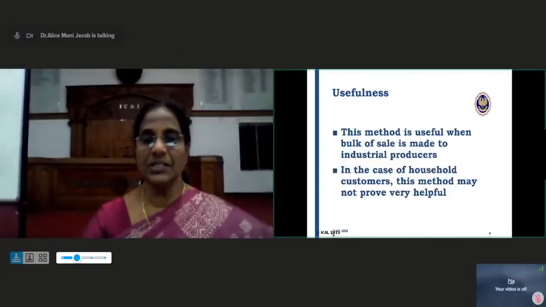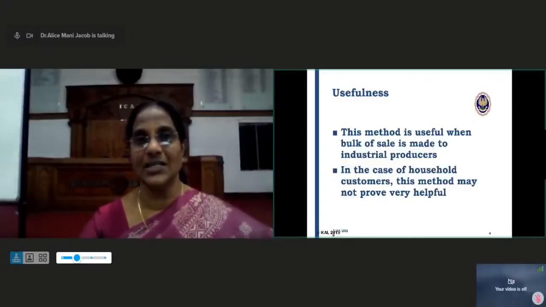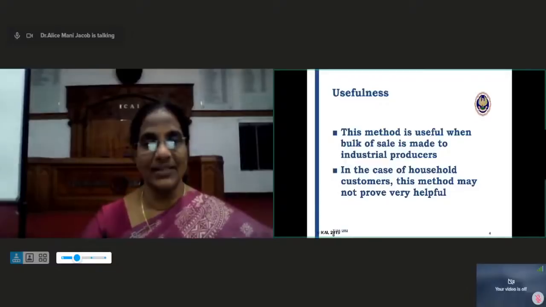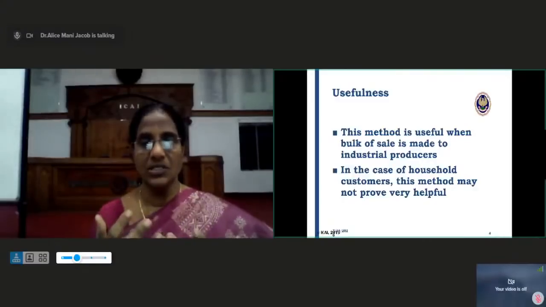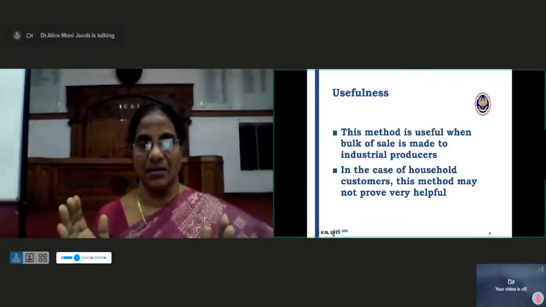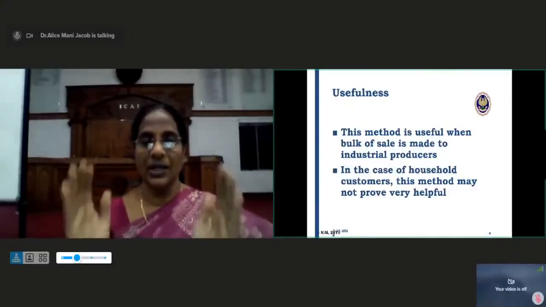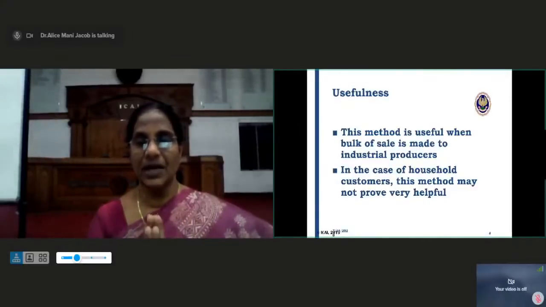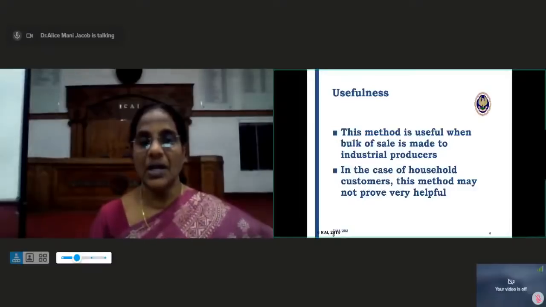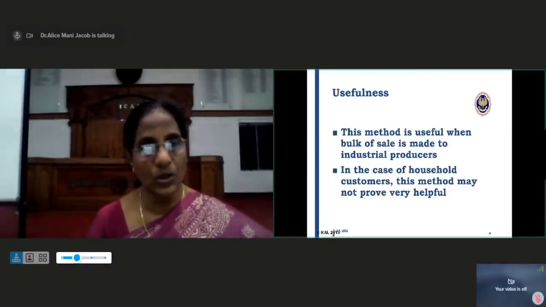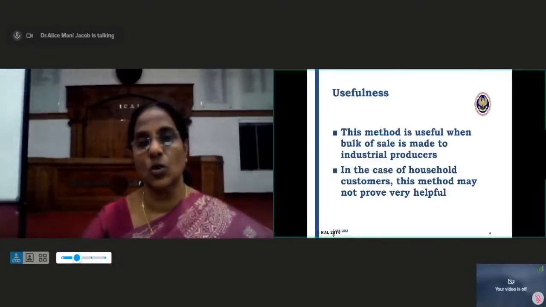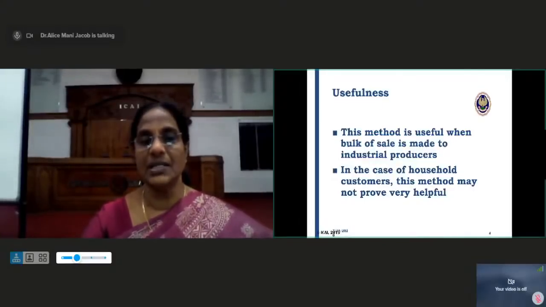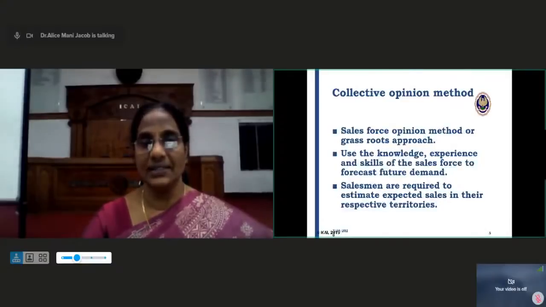Okay, but this method is not very good for toiletries, washing soap and things like that. This is useful when the number of buyers is less. And mostly it is bulk sale. Commodities are sold in large quantities. Then you can easily approach these people and ask them how much are you purchasing. Okay. So this method is not very helpful for household purchases of things like toiletries and things like that.